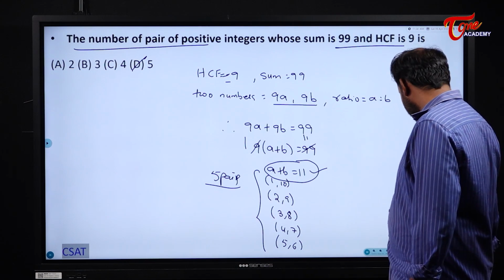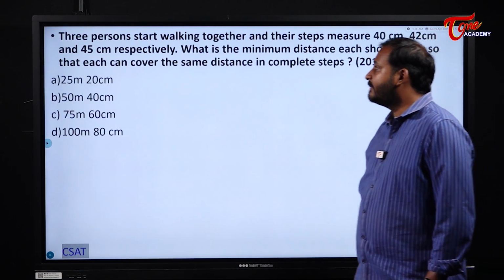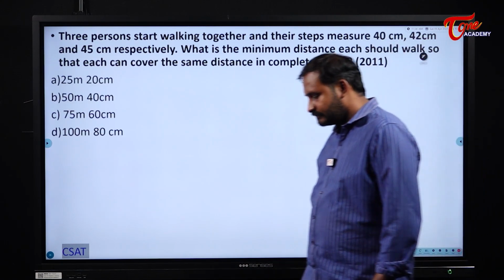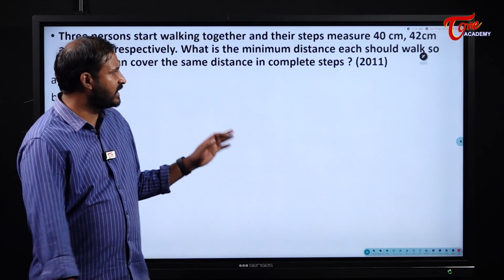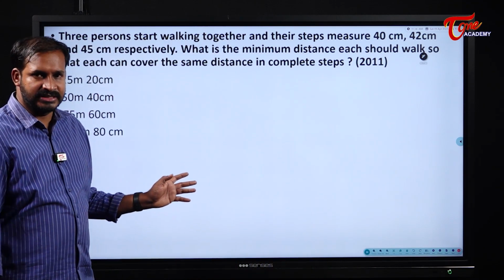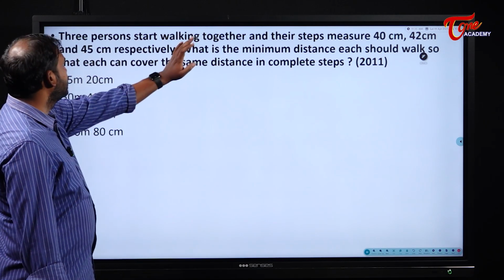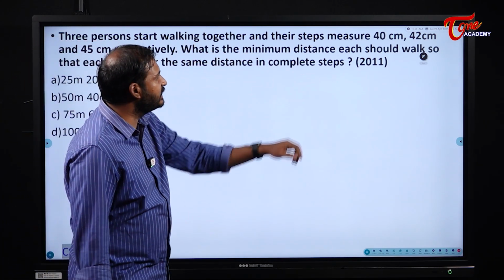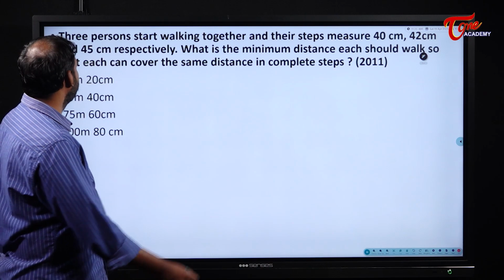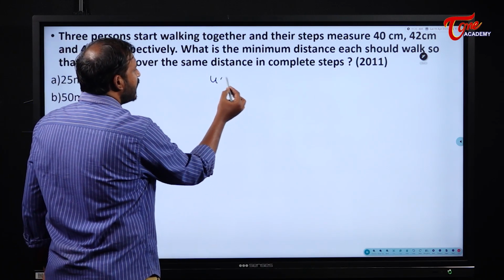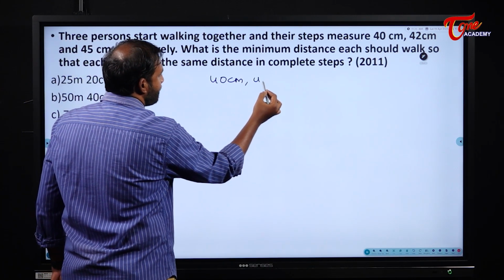Okay. Next one. 3 persons started walking together. These are questions which were asked in the previous UPSC CSAT paper, students. 3 persons start walking together and their steps measure 40 centimeters, 42 centimeters and 45 centimeters.